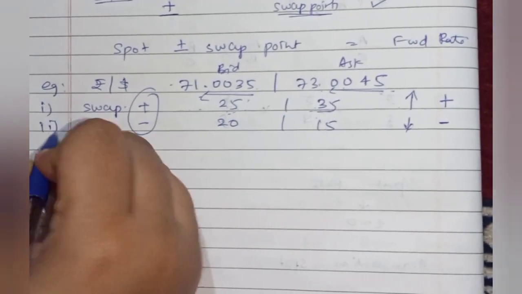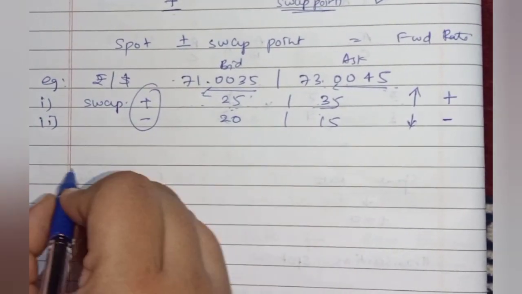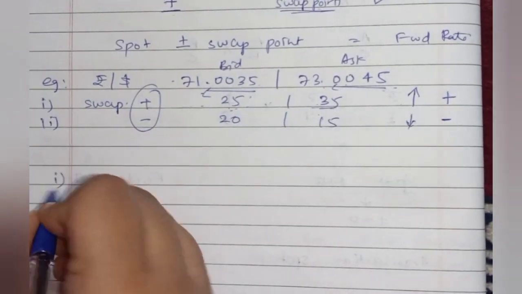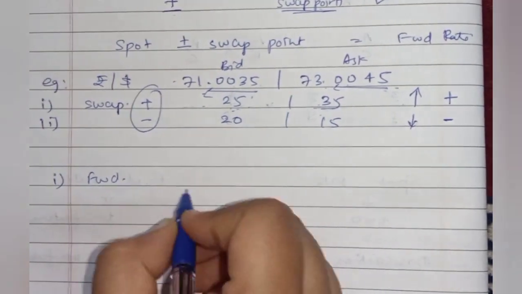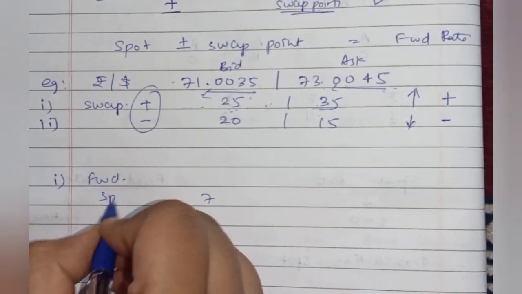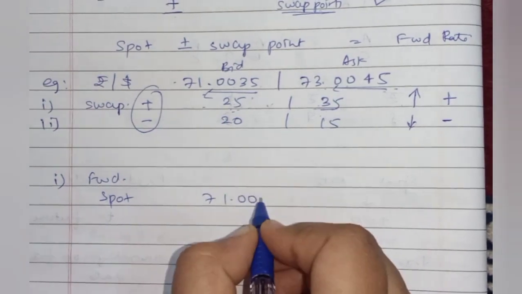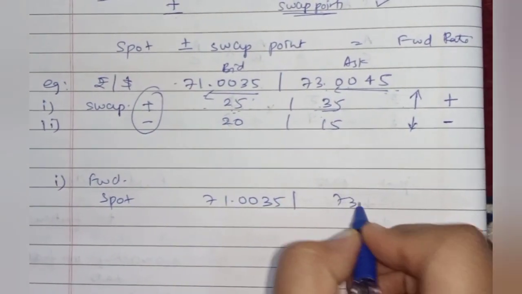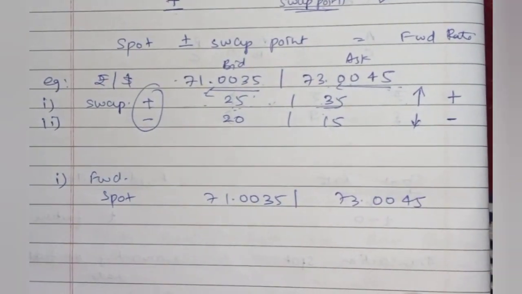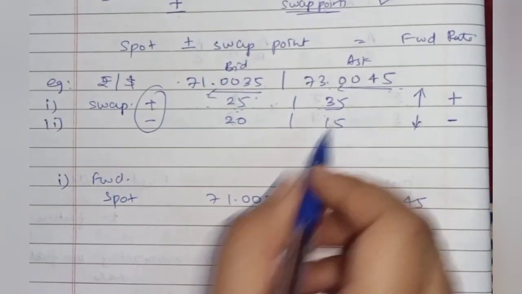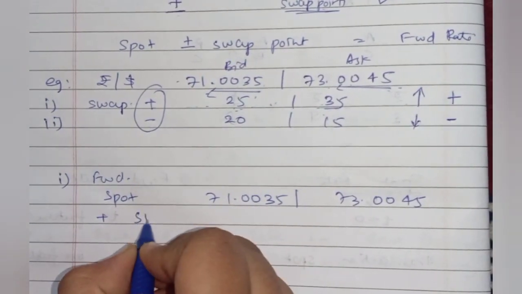This is example 1. This is example number 2. So we will compute. In example number 1, the forward rate will be the spot rate, that is 71.0035 and 73.0045. Since it is showing an increasing trend, we will add the swap points.